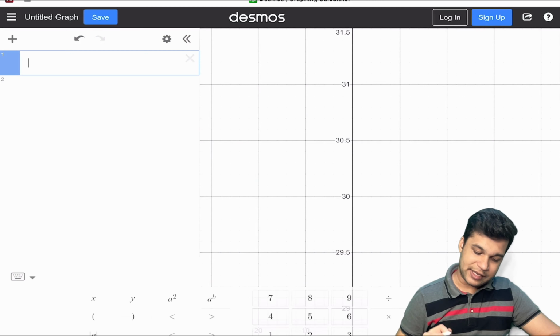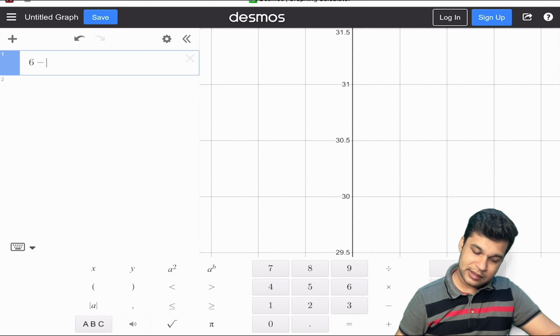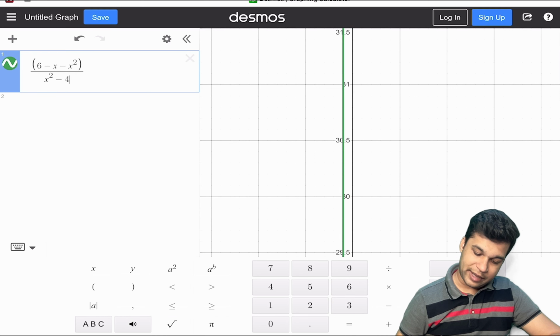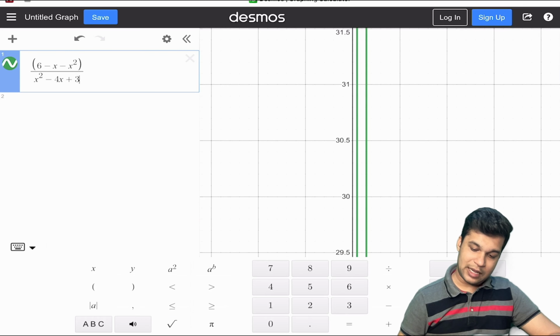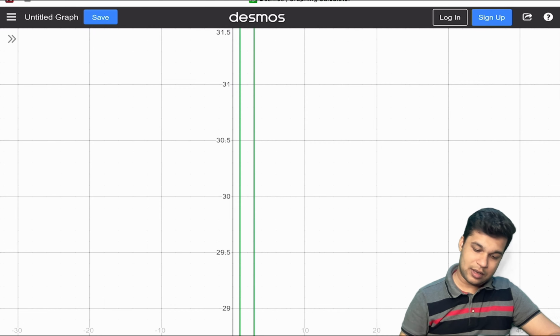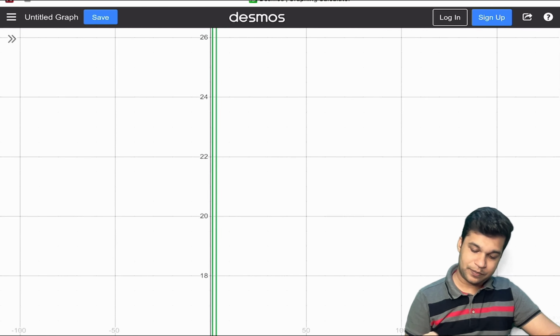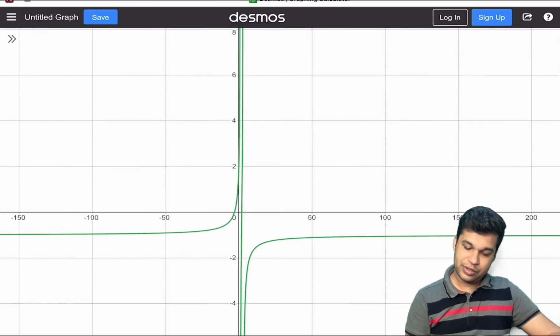So our function is 6 minus x square, and you are dividing it by x square minus 4x plus 3. Okay. Hold on, where is your origin? Yeah, here.